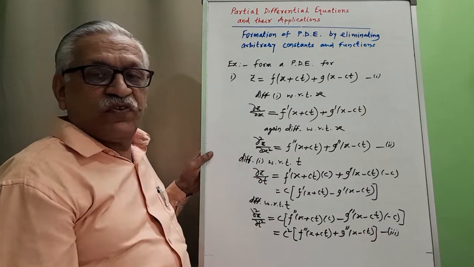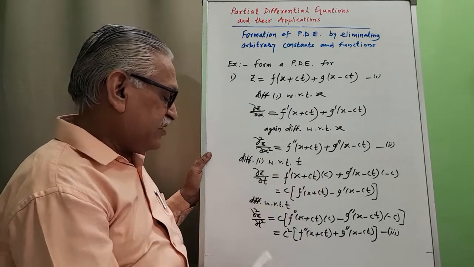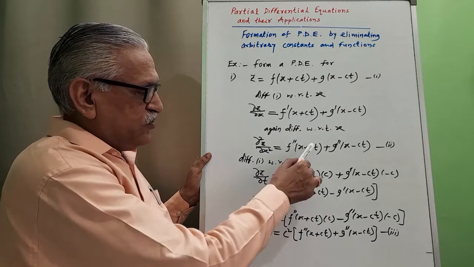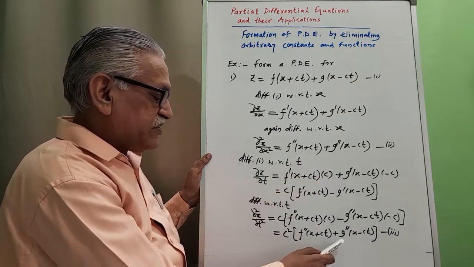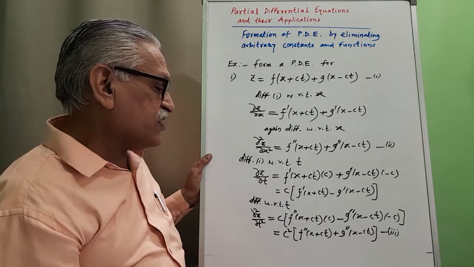Therefore, we have two equations, equation 2 for dou 2z by dou x square and equation 3 for dou 2z by dou t square. Using equation 2 and 3, this f double dash plus g double dash we can replace by dou 2z by dou x square.